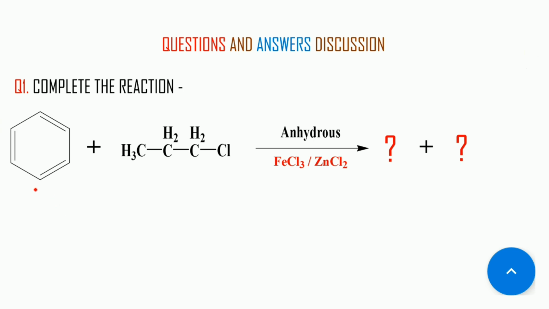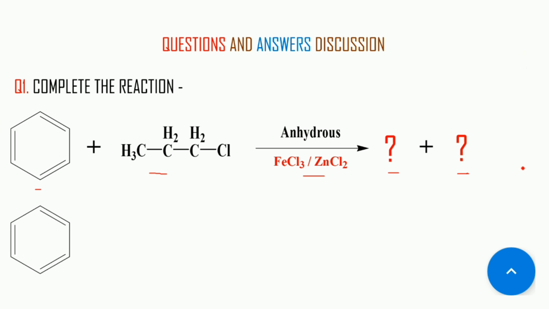This one is our benzene, this one is our reactant, and here we are using FeCl3 or ZnCl2, any one of them, as a Lewis acid. So what will be their product? We have to find out our product. Understood? Okay, so our answer will be like this.